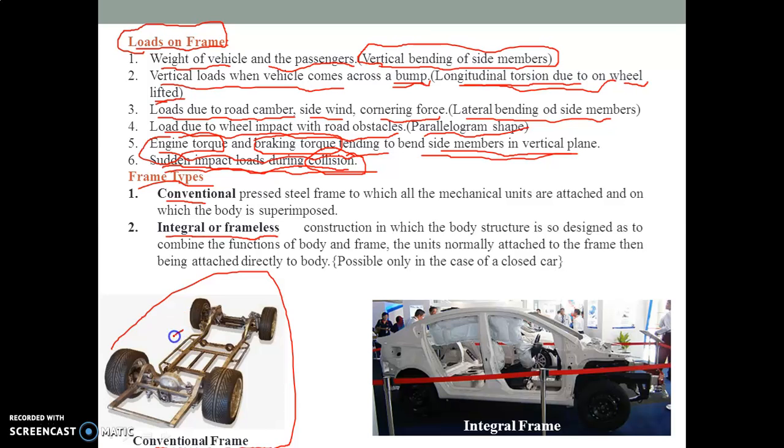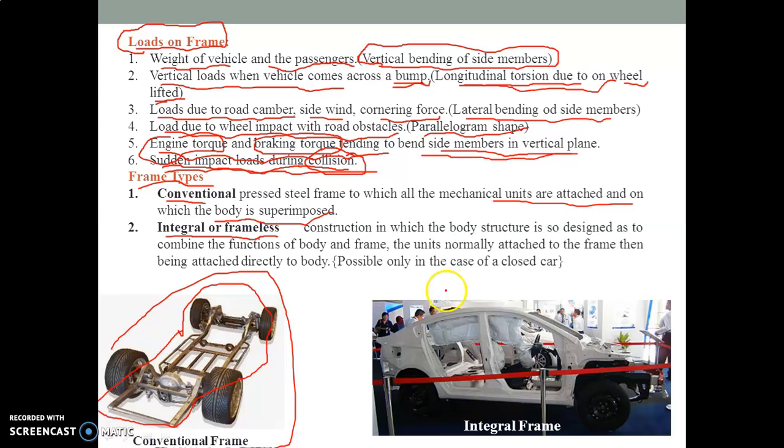So this is the frame over which all the parts we discussed earlier are superimposed or fitted: engine, transmission system, differential gearbox. So all mechanical units are attached and on it the body is superimposed.